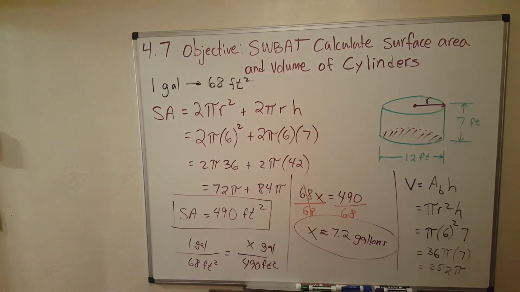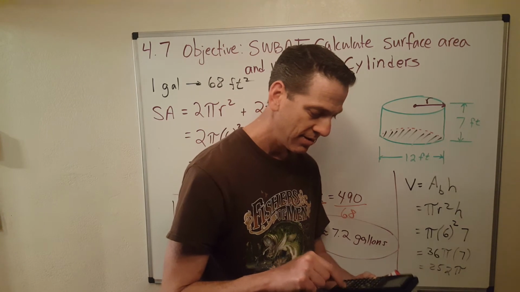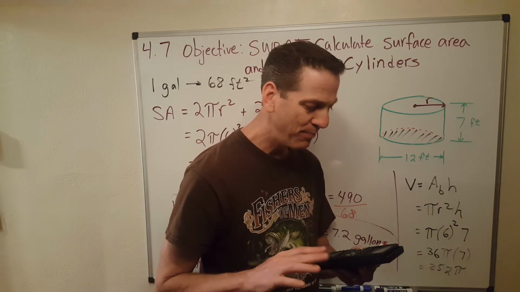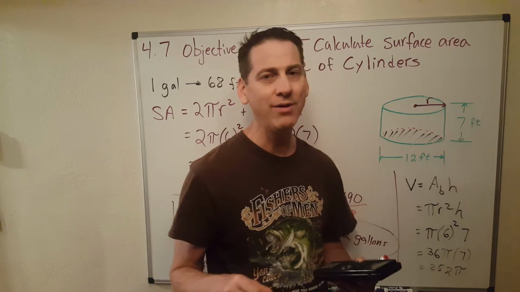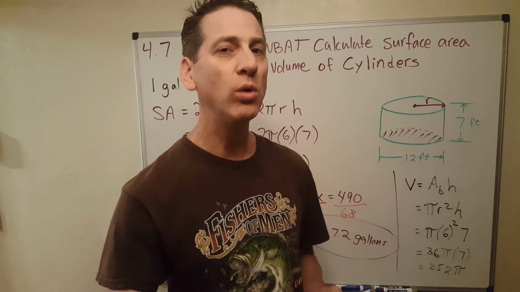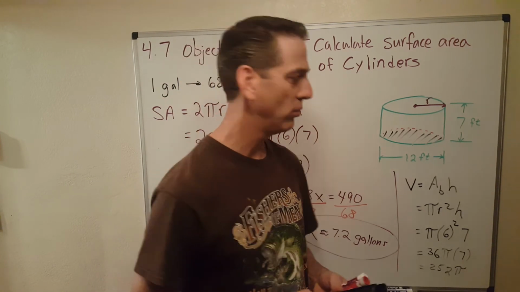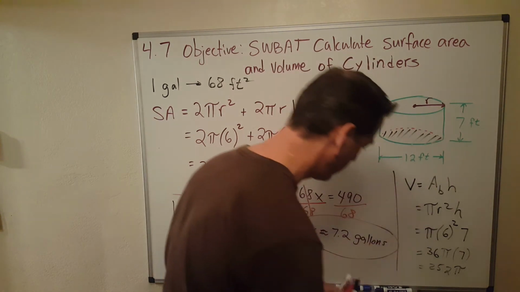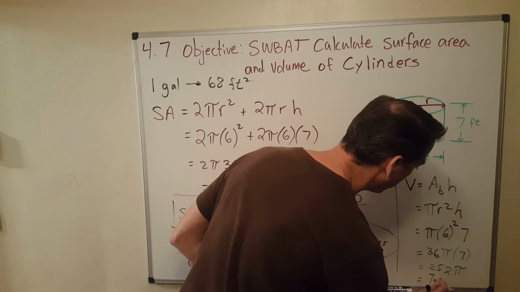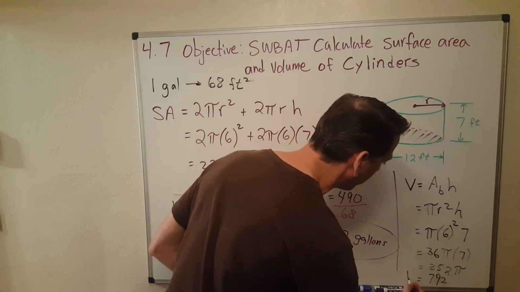All right, let's see, what's 252 times pi? It is about, I'm going to round it. They're probably going to ask you, hey, round to the nearest tenth or round to the nearest whole number. We're going to round to the nearest whole number. This is about 792, and that is the volume.